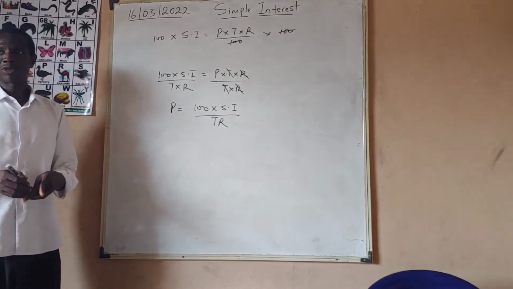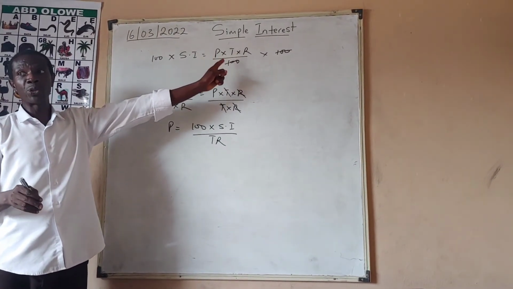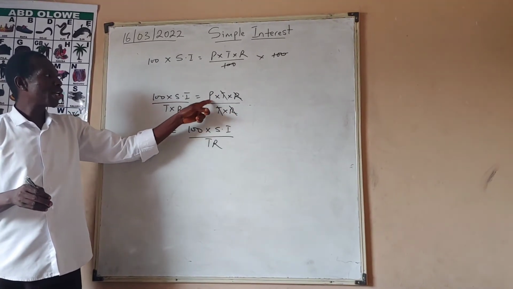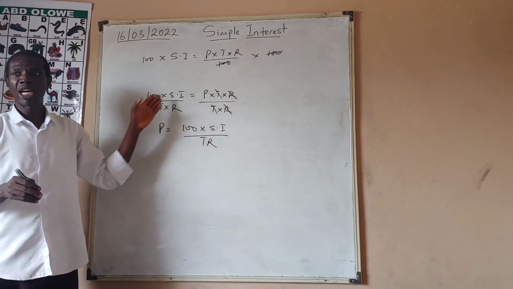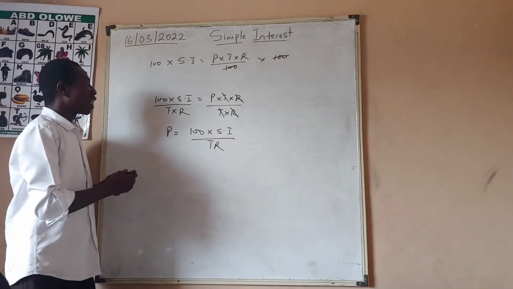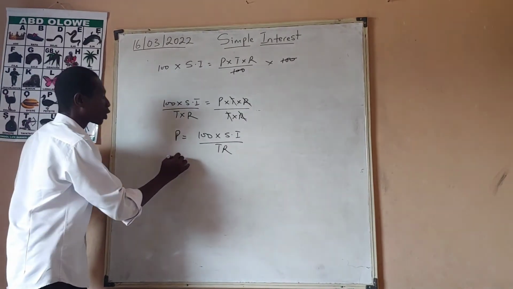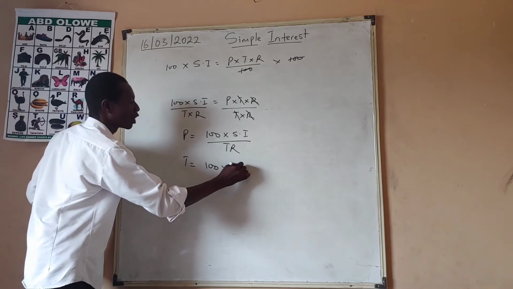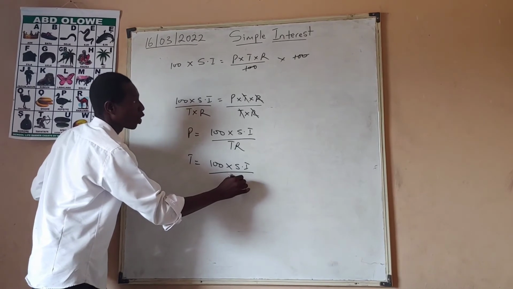Are we together? Yes. So, supposing it is time we want to calculate, what are we going to do? We are going to divide both sides by what? Principal and rate, to leave only time at this side. So, if it is time we are calculating, it means that you are going to have time equal to what? 100 times simple interest over principal times what?